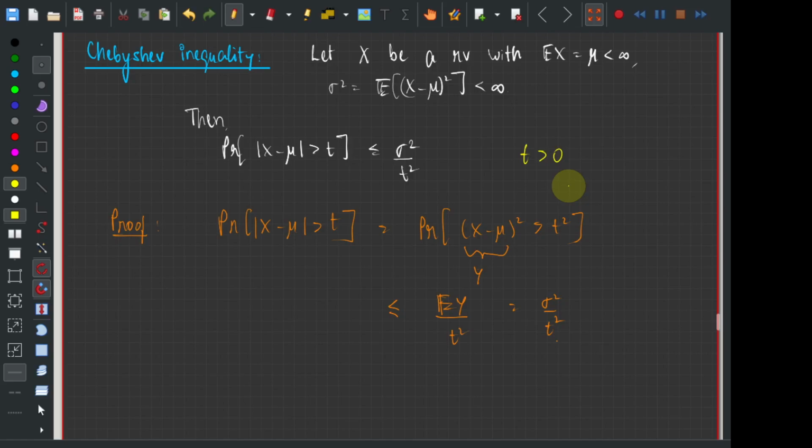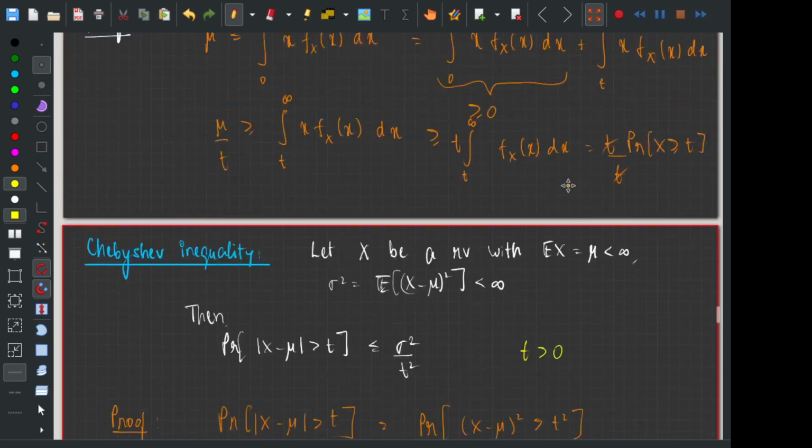You know the mean is something very small. You have a non-negative random variable, the mean is very small, and you have a large enough t. Correct, yes. But in general, other inequalities will give you much better bounds, but they work only when you have additional information about the random variable in question.